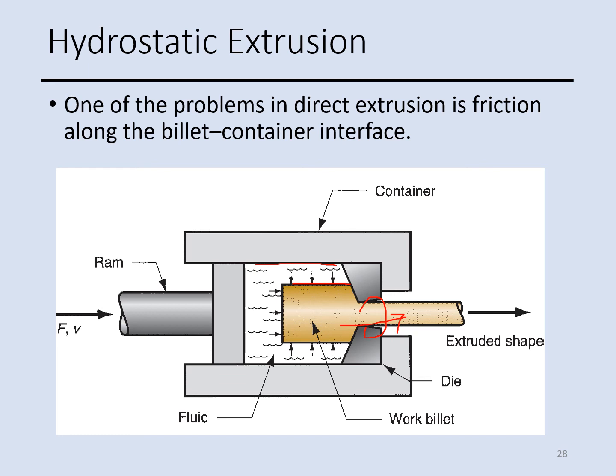But there is a limitation. One is that it requires some preparation of the starting work billet, because we have to make sure there is no leaking in that area, so all the fluid stays inside the container.